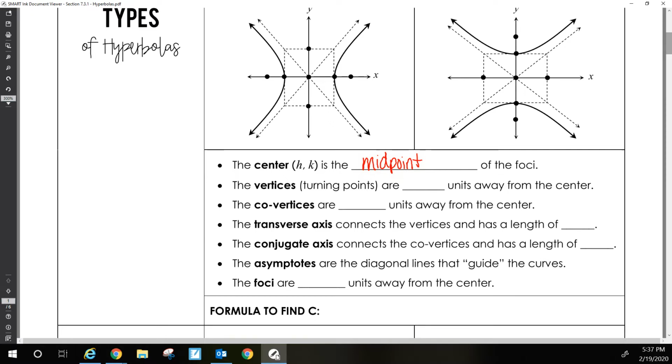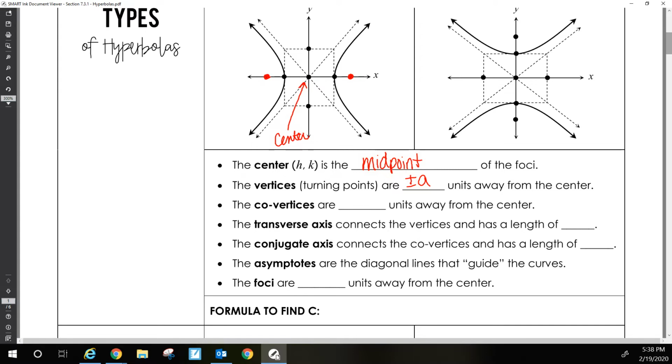The vertices, which are the turning points of our parabolas on either side, are plus or minus a units away from the center. So here is one focus, here's another. If we just had one of them, it would be the focus for a parabola. But I have two of them, so it's a hyperbola. These are called foci. Halfway between these two is the center.